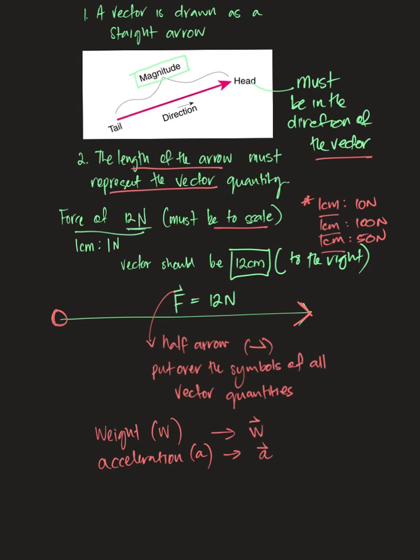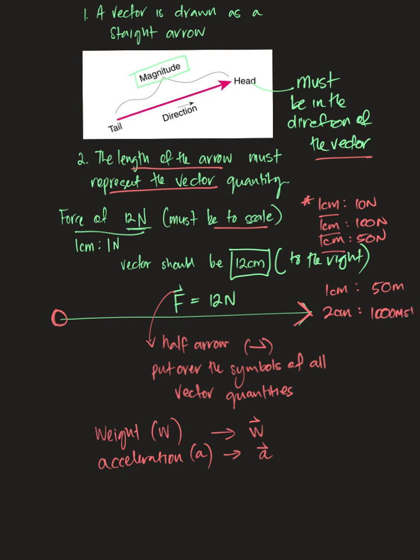Remember, I can always have even 1 centimeter represents 50 meters. I can have even 2 centimeters represents 1,000 meters per second. Right?